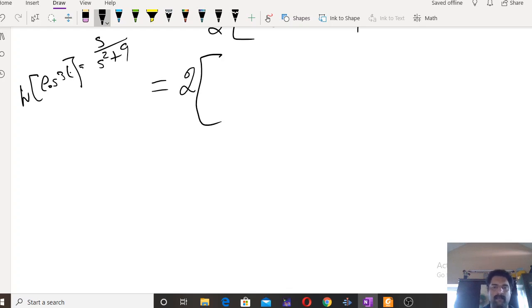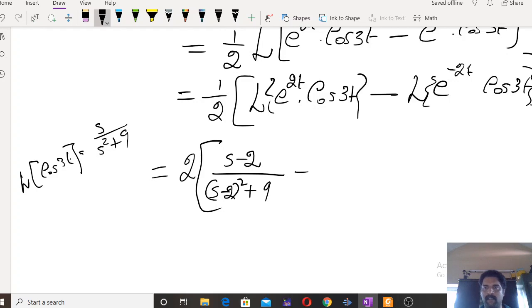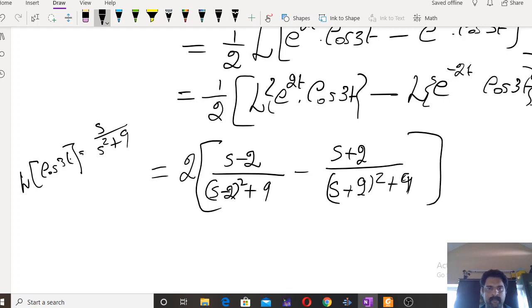In the first case we replace s with s minus 2, so it is s minus 2 divided by s minus 2 the whole square plus 9, then minus, in the second case, we multiplied with e raised to minus 2t, so we replace s with s minus minus 2, that is s plus 2, so it is s plus 2 divided by s plus 2 the whole square plus 9. It is 1 by 2 of this.